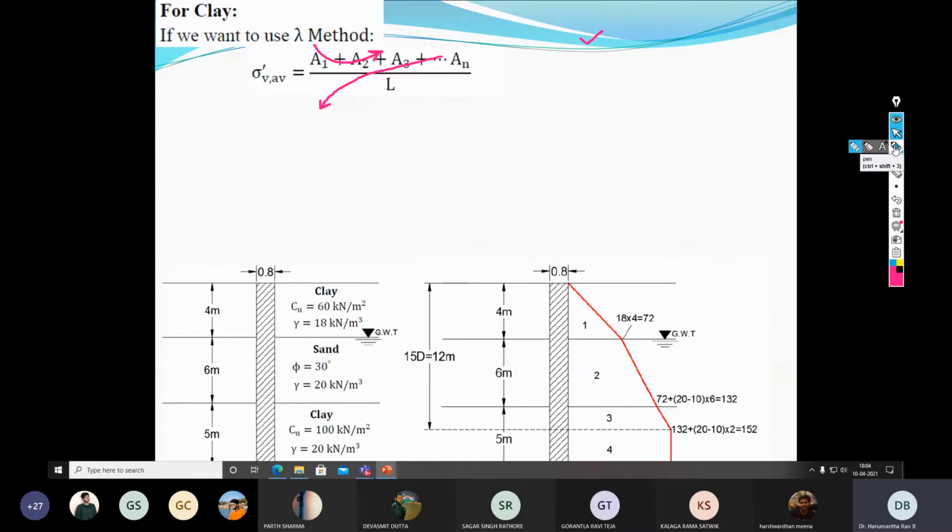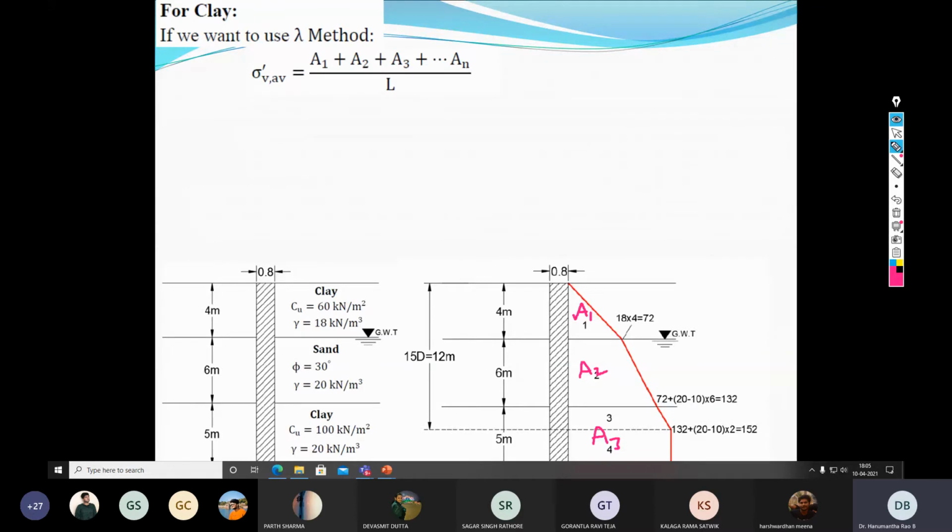Next, calculate the mean effective overburden pressure. That is the areas A1, A2, A3 divided by the total length. So here this is A1, this is A2 and this is A3. For layer 1 it is A1, for layer 2 it is A2, for layer 3 it is A3, and the total length is 15 meter.